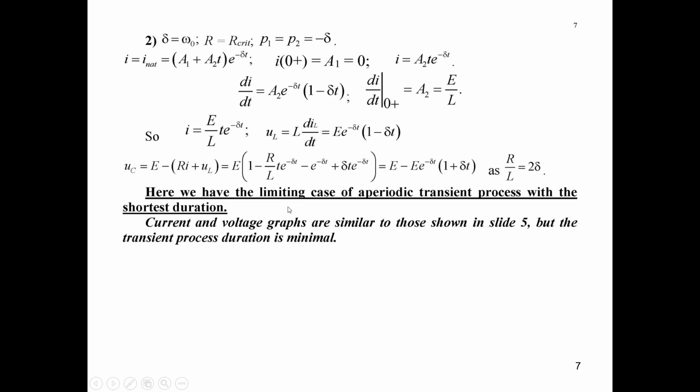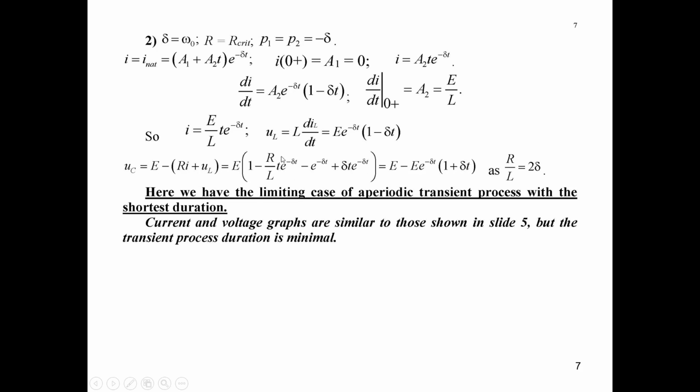Let's collect like terms. R over L equals 2 delta, minus 2 delta t plus delta t will be minus delta t. It is here, minus before brackets, this EMF multiplied by e to the minus delta t.